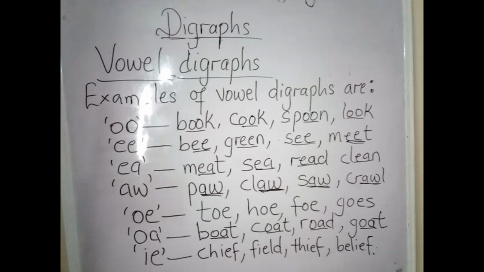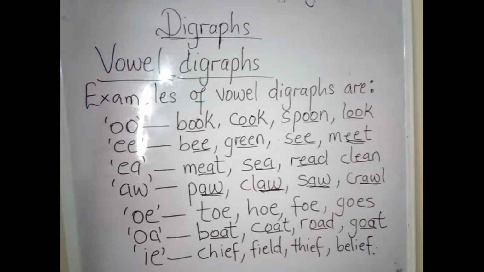Okay, so those are the examples of vowel digraphs we'll be considering in this lesson. Okay, so I would encourage us to revise this work. There's also what we call diphthong, but I don't want to introduce it now. Maybe as we continue in our classes, we'll introduce it.